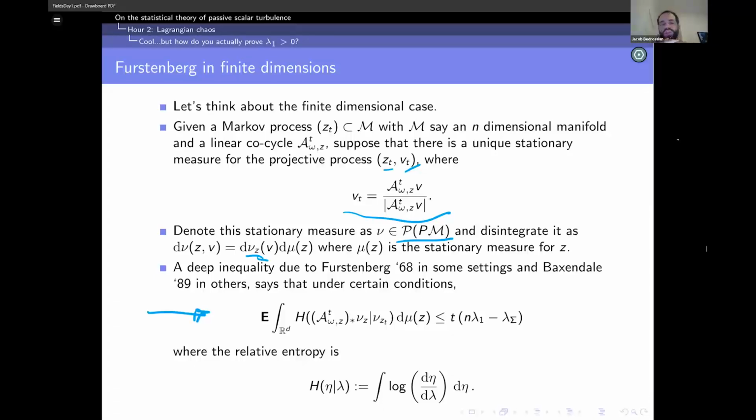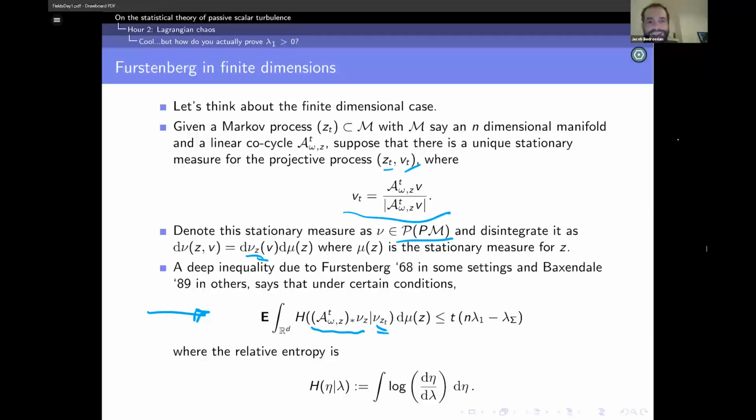And I would say this is a really deep inequality, which for dynamical systems, more generally even than stochastic differential equations, is due to Baxendale. A really beautiful paper by Baxendale in '89. It compares the relative entropy between the push forward of these fiber measures by the cocycle and the fiber measure at the base point of the evolution.